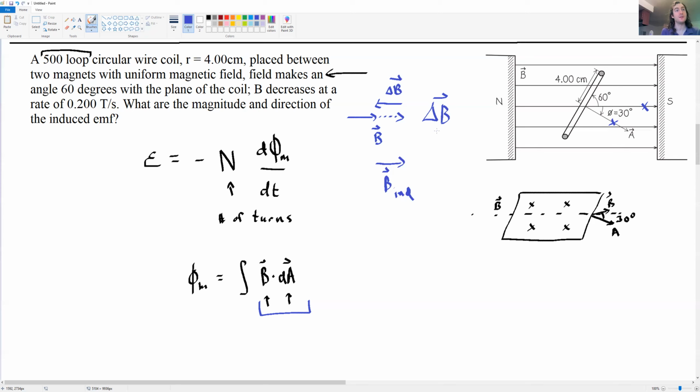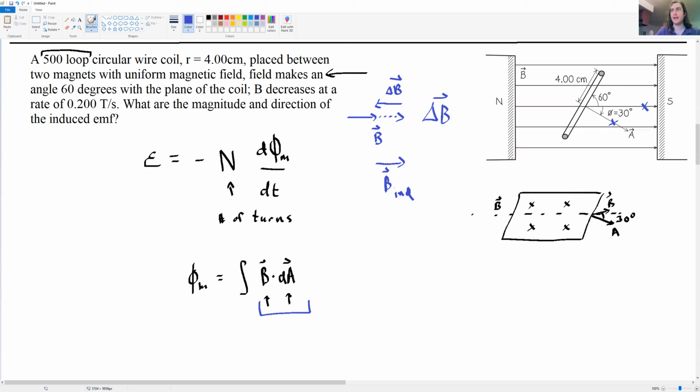That's what we said for Lenz's law and Faraday's law: the induced magnetic field, the induced current, the induced EMF, they always oppose the change. That's basically a statement of Lenz's law. So the change is to the left, so the induced field should be to the right, and you can use the right-hand rule on the induced field and you'll get the right answer. You don't have to change anything.